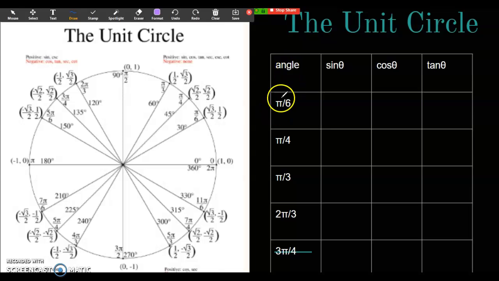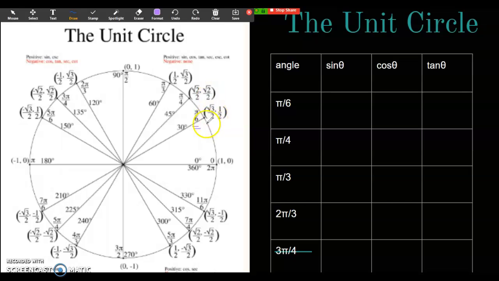So I'm going to find the sine of pi over 6. I will go to pi over 6 on the unit circle and look at the terminal point. I remember sine is the y value, so I know that the sine of pi over 6 is equal to 1/2, or the y value.